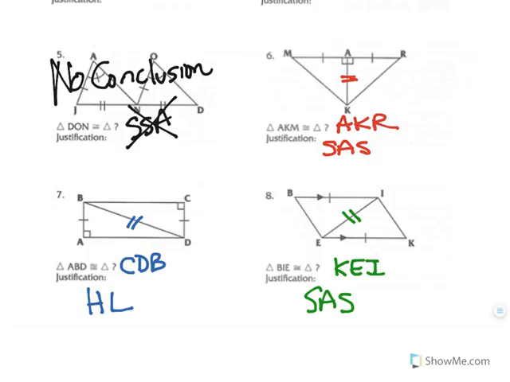Because it shows these lines are parallel right here, and so this is like a transversal, and so this angle right here is congruent with this angle right there. So we have a side, an angle, and a side. A little messy there, but you get the drift, right? Put in little congruence marks there.